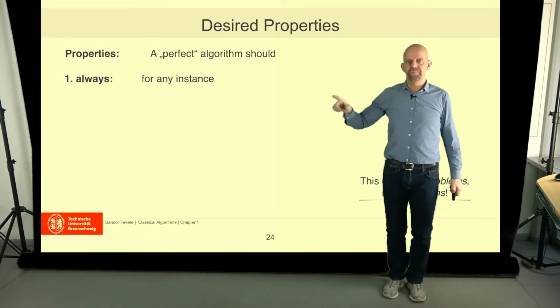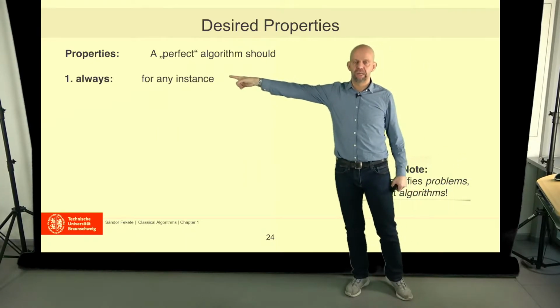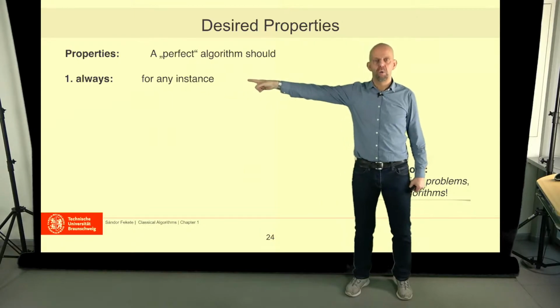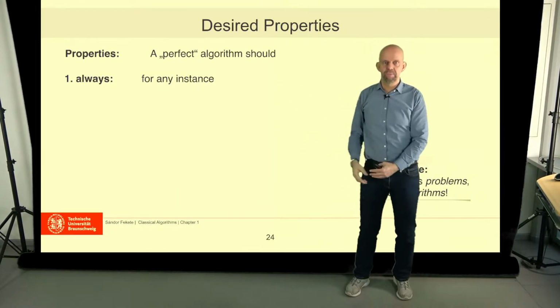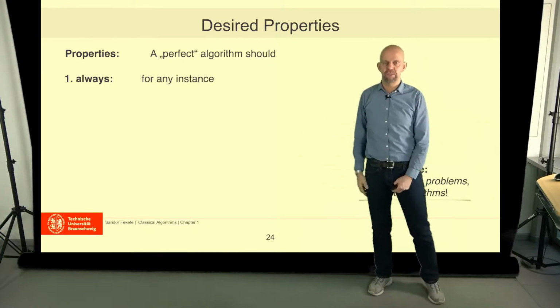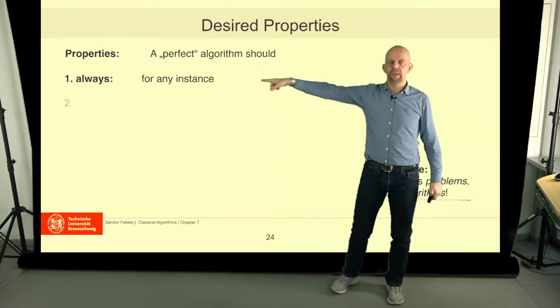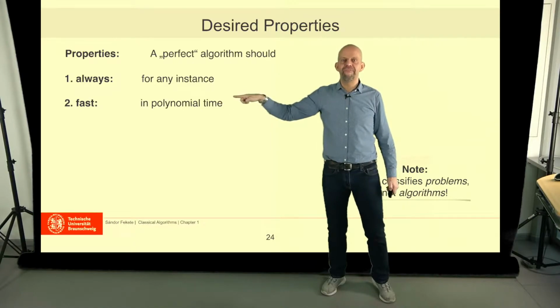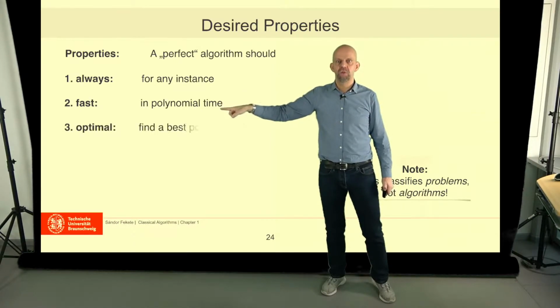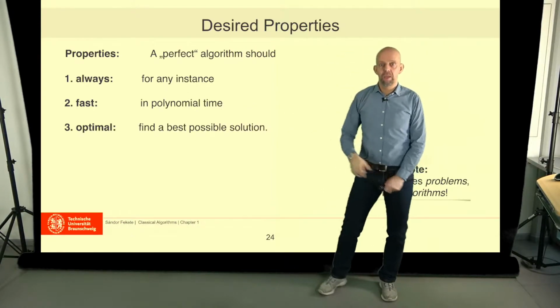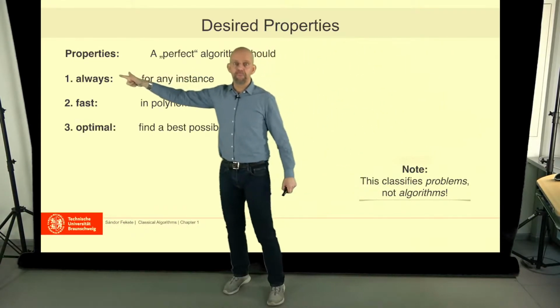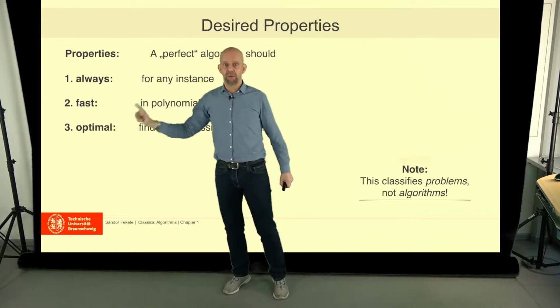It should, for any instance that you throw at it, whether it's 10 points or 13,509 points, or whether it's 8 items or 65,536 items, in fast time, compute a best possible solution. So these 3 properties: always, fast, optimal.